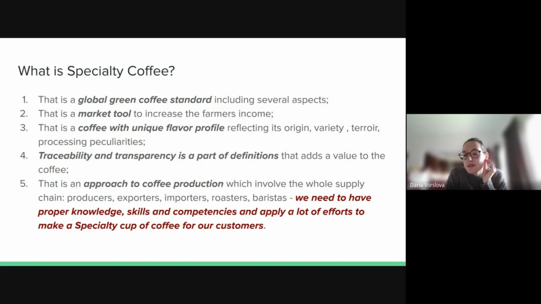Even, let's recall the new SCA evaluation system, CVA, right? They have different aspects of evaluating coffee: descriptive, affective, intrinsic, and so on. I don't remember all four, but intrinsic is really important.